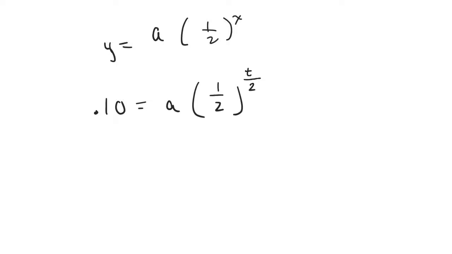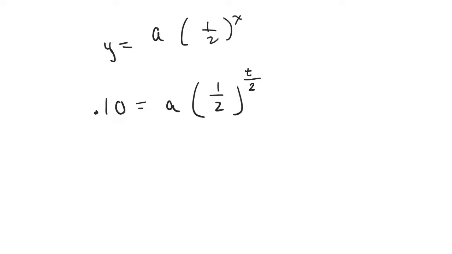How many time intervals have occurred? 10 minutes, 2 minutes per time interval, 5. So no matter what this time is, we divide it by 2 to see what x is. x is the number of time intervals elapsed. So in this problem, since t minutes have elapsed, we don't know what t is, we call it t.